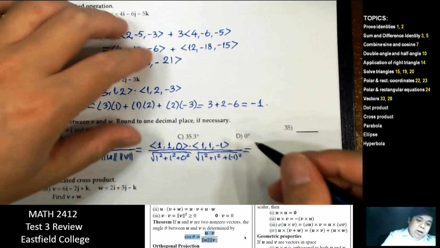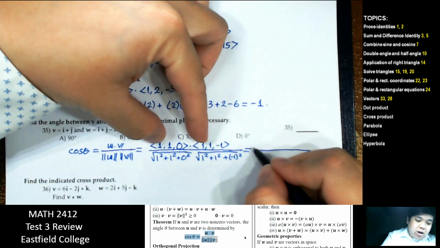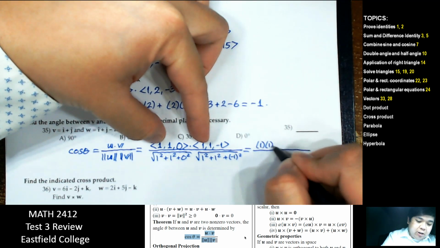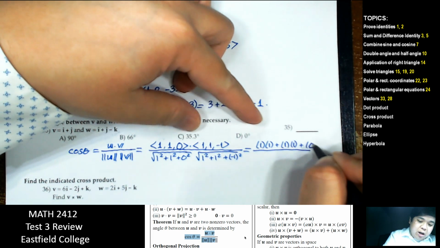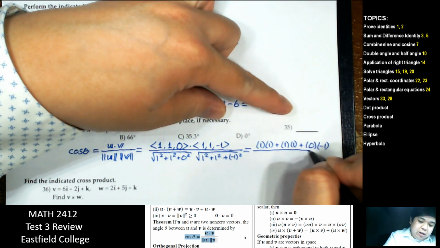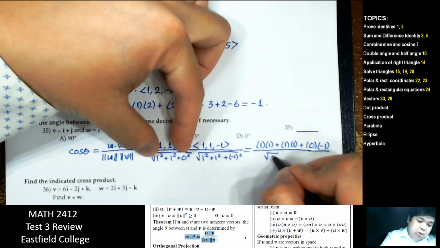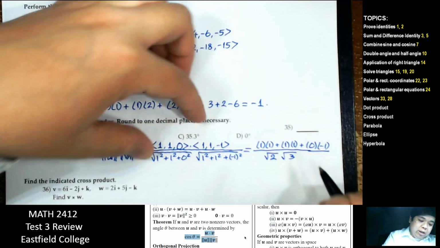And the dot product gives us 1 times 1, 1 times 1, 0 times negative 1, and here we have square root of 2, square root of 3.